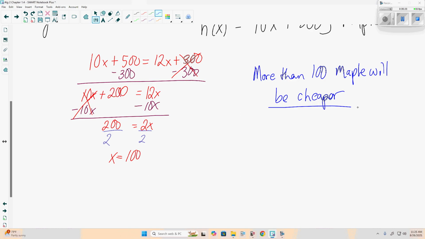If we have 101 students, Maple will be cheaper. Not by much, but it will be cheaper. And then we go from there. Questions on this here?